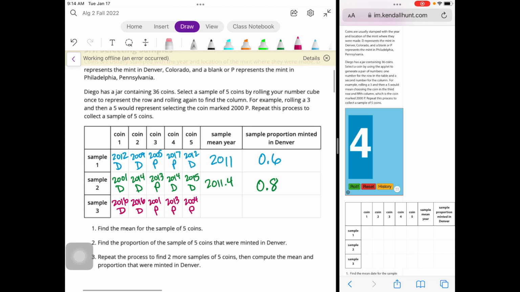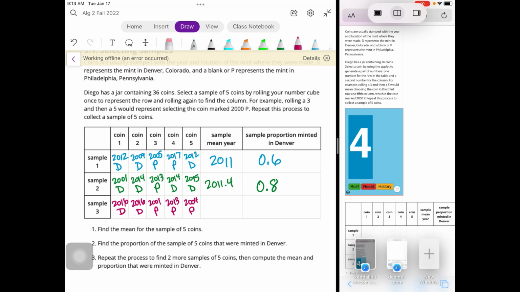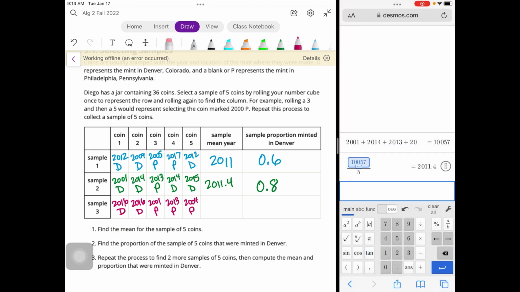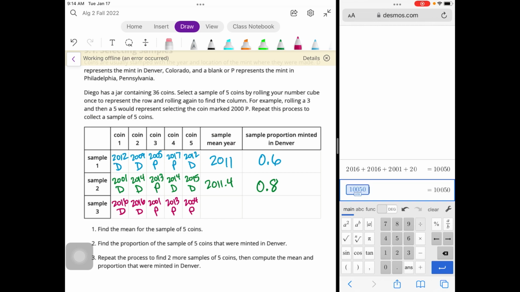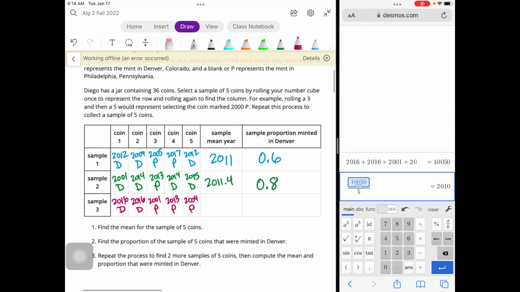All right, so now we don't need that applet anymore, but we do need our calculator. We'll clear all that. So we have 2016 plus 2016 plus 2001 plus 2013 plus 2004, and then we're going to take that answer and divide by 5. So we get 2010. And then how many of those were Denver? It was 2 out of 5, which is 0.4. You can use a calculator for that if you need to.